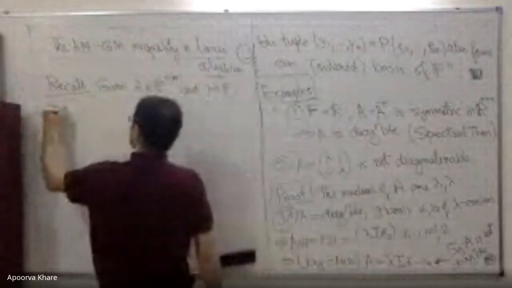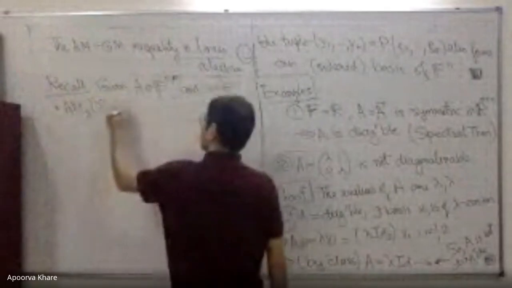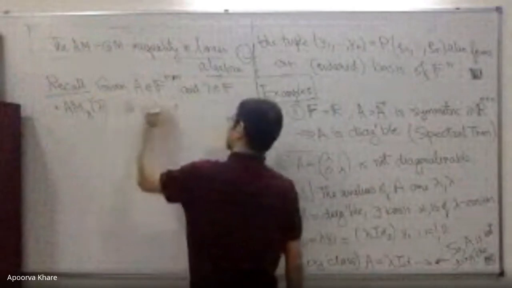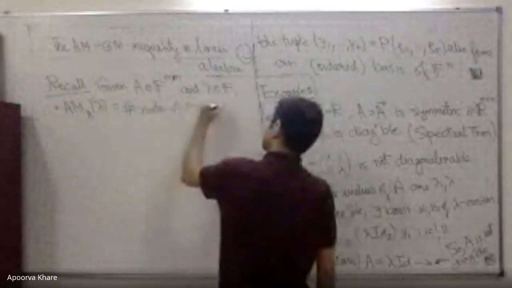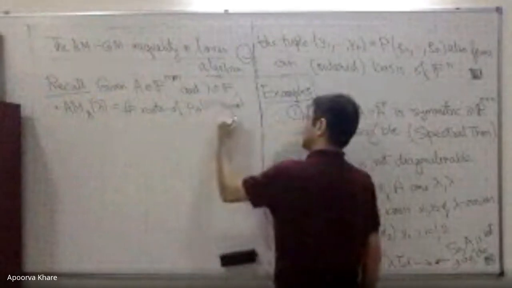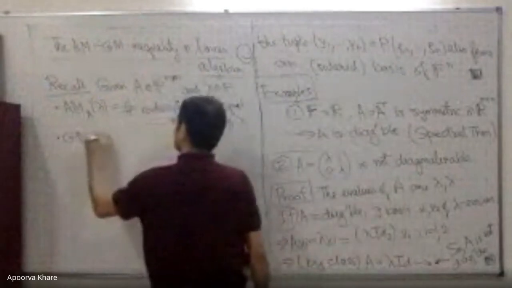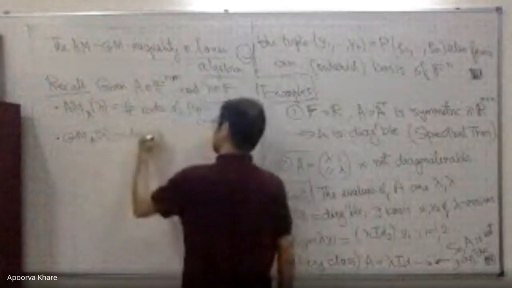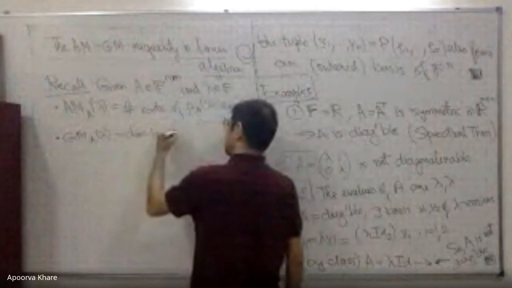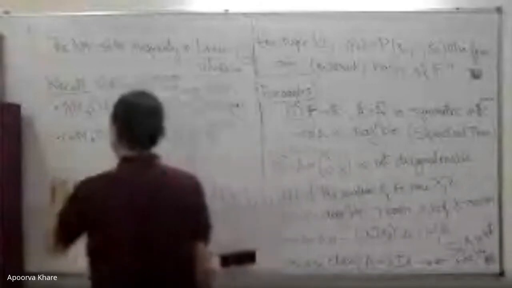So AM_A of lambda is the number of roots equal to lambda of the characteristic polynomial, and GM is the dimension of the eigenspace, the kernel of A minus lambda identity. I'm not saying that lambda is an eigenvalue, I'm just saying that these are what they are. They can be zero.